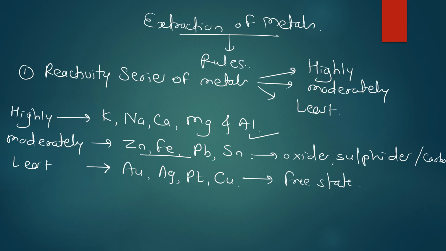And sometimes copper and silver are found in the combined state as sulfides or oxides. Okay, so from this you can understand how a metal is extracted from its ore, from the reactivity series.